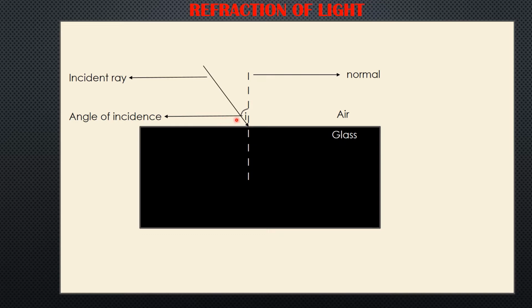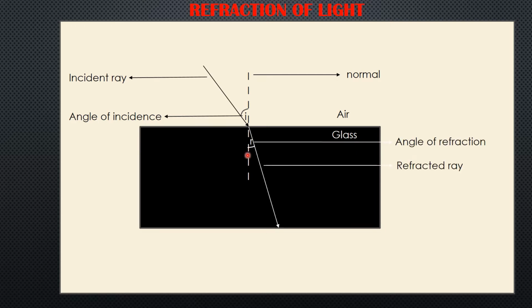What happens when light enters from one medium to another medium means it bends because it slows down. Here the concept is when light enters from air to glass, as you all know, it bends, and this R is known as angle of refraction, that is the angle between the refracted ray and the normal. So R is the angle of refraction.